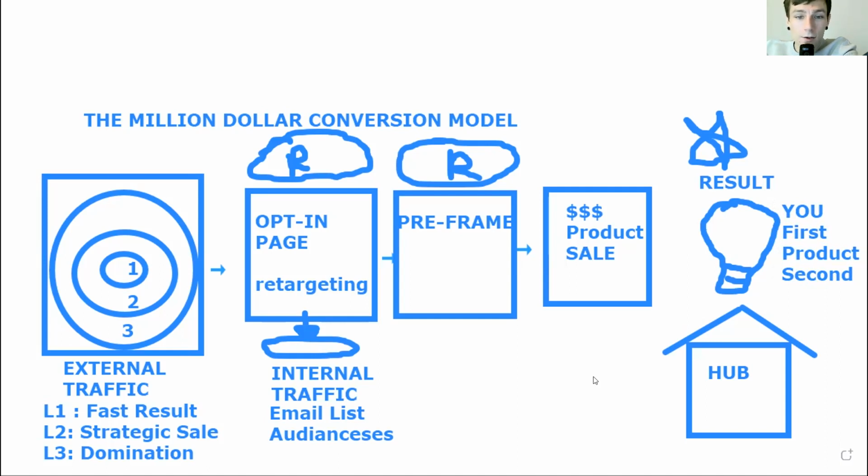This means that they're no different than every other affiliate out there online. How can you be different from everybody else promoting the same thing? You have to be unique. You first, product second.